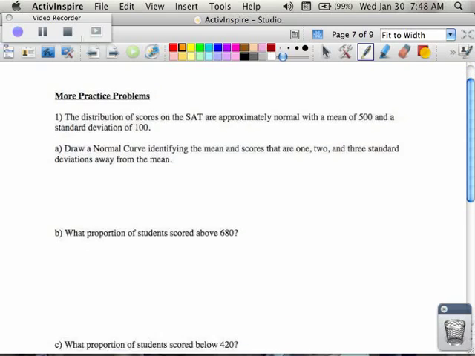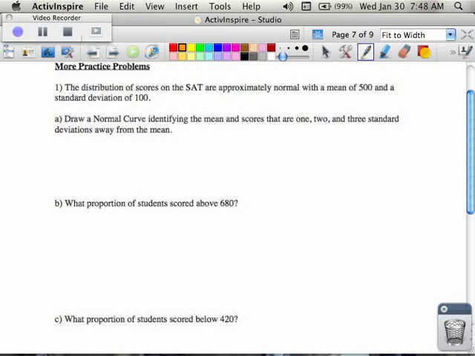So in the first part, when they talk about SAT scores that are approximately normal with a mean of 500 and a standard deviation of 100, the first thing you're going to do is draw a normal curve. On that curve, you place your mean first.